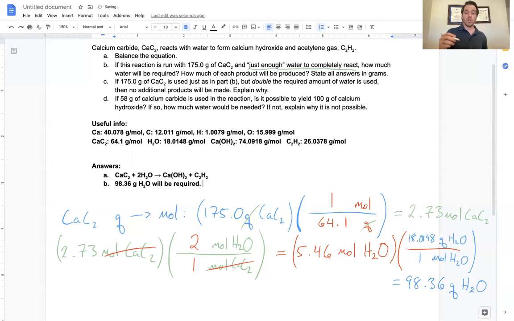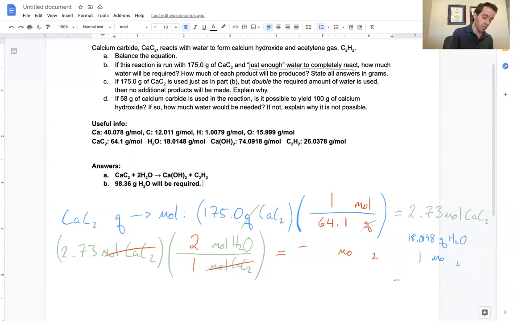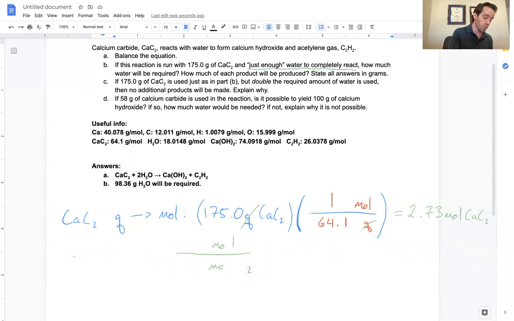The second part of this question says how much of each product will be produced. Okay, well, for this, I'm going to get rid of all this junk. And you know how I converted the 2.73 moles of calcium carbide into moles of water? Well, I'm going to do the same thing, except now I'll do it for the product side.